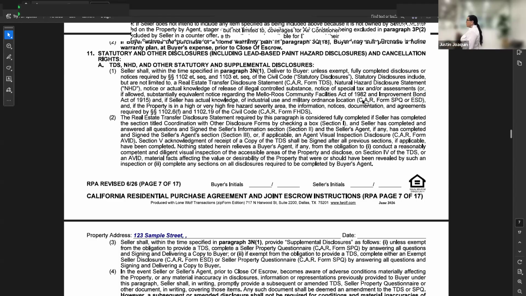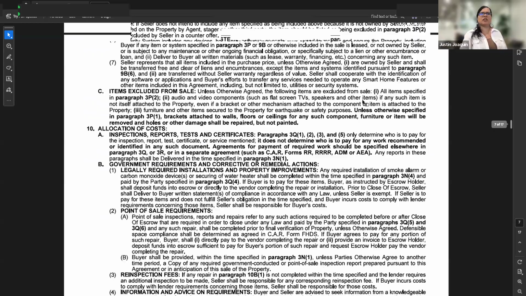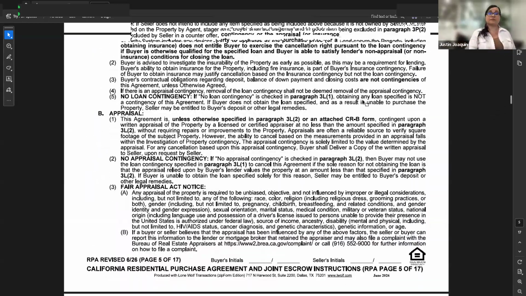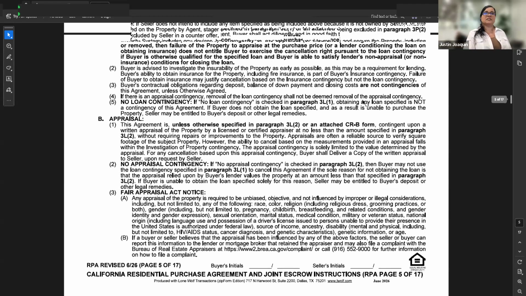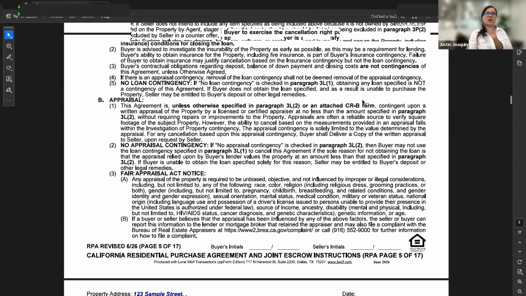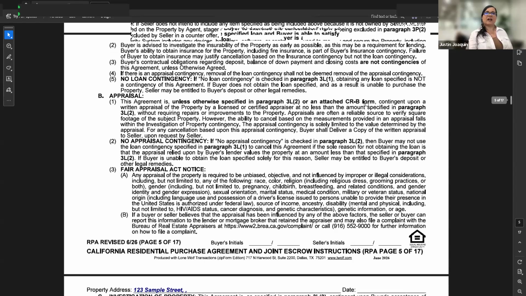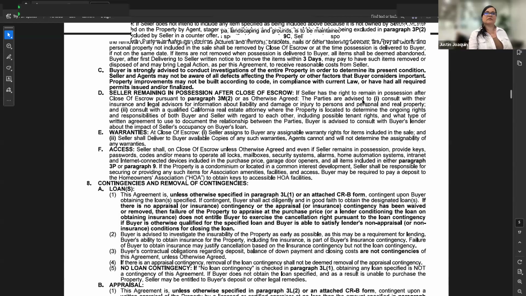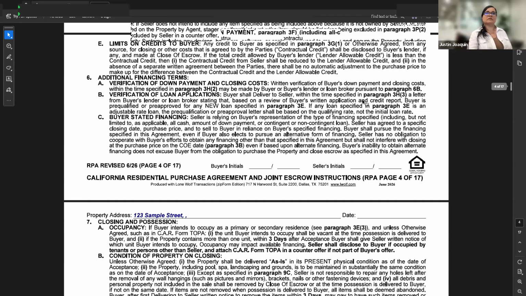I could show you, it's back in the contract, on page 6. Isn't that interesting? That comes up a lot. I think it was actually under financing.